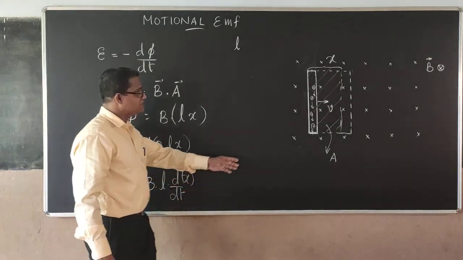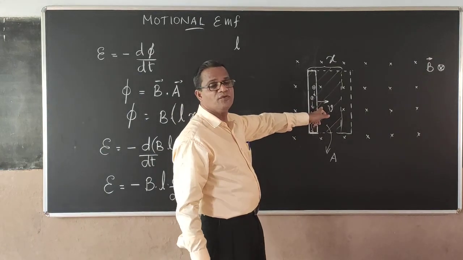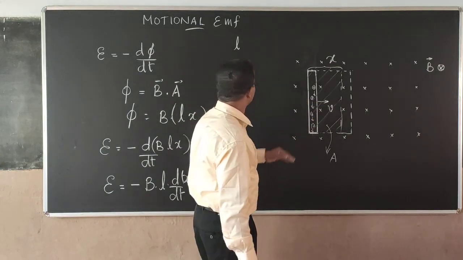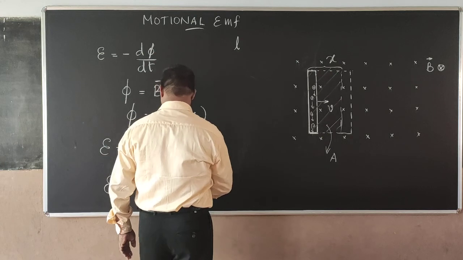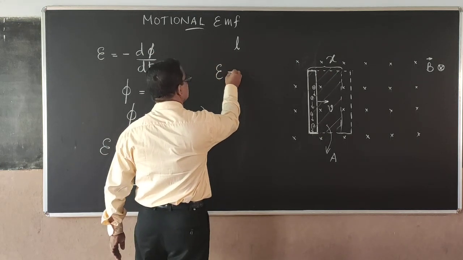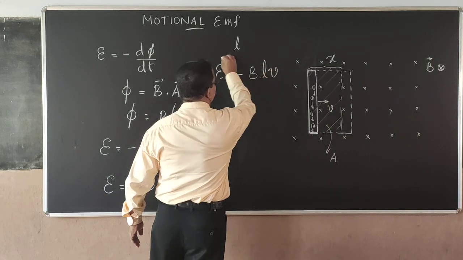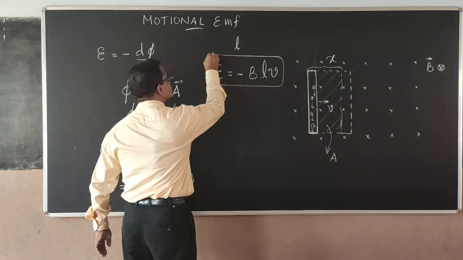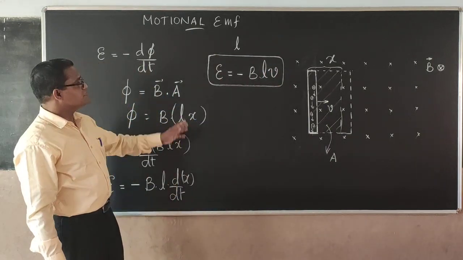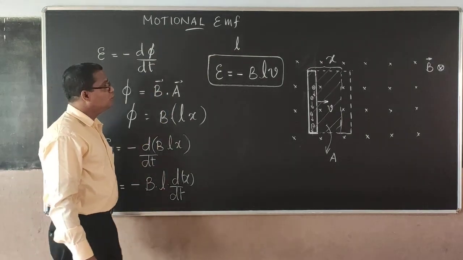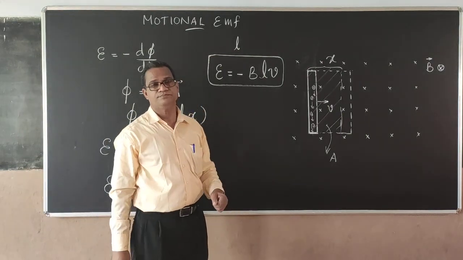But d by dt of x is nothing but the uniform velocity v with which you are moving it, and therefore you get the induced EMF E equal to minus B into L into v. This is the equation for motional EMF.